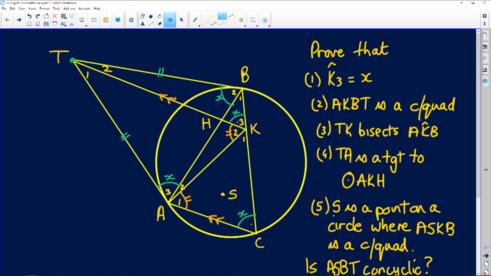Okay, they're asking us to show that K3 is equal to X, and look at that. We've done our job properly. K3 is equal to X. How did that happen? This is now where you do the mental gymnastics, folks. You think back about where did it start? It started with the tangents.